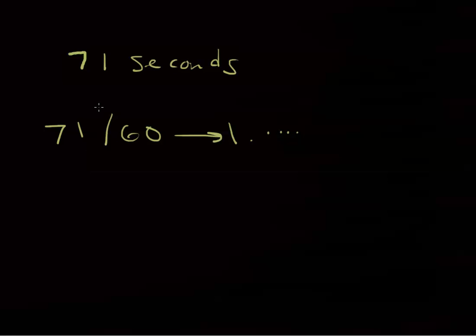But remember that because these are integers, 71 divided by 60 is actually going to give us exactly 1. So if I started with 71 seconds, 71 divided by 60, I would get 1 full minute.